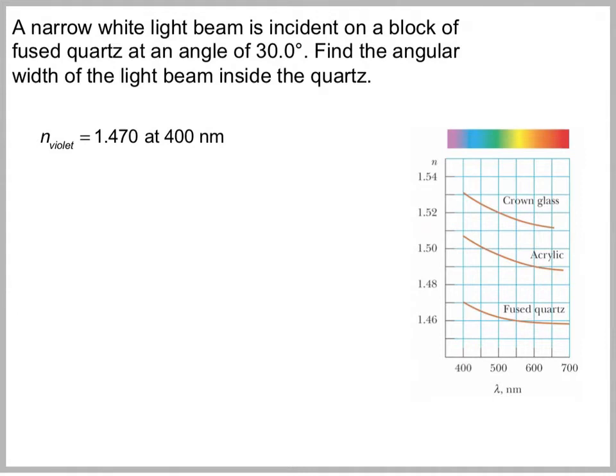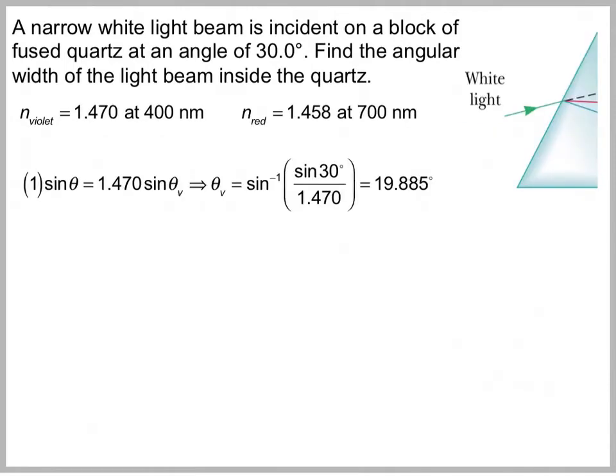1.470 we'll say at 400 nanometers, and 1.458 at 700 nanometers. So using this information, the index of refraction of air is 1, so sine 30 degrees is equal to 1.470 sine theta violet.